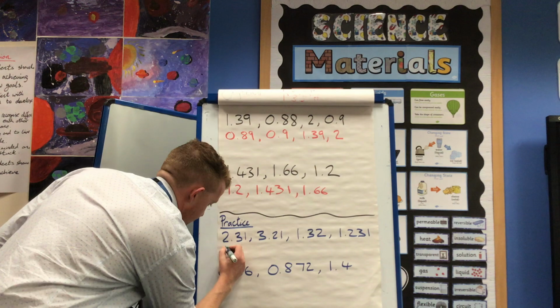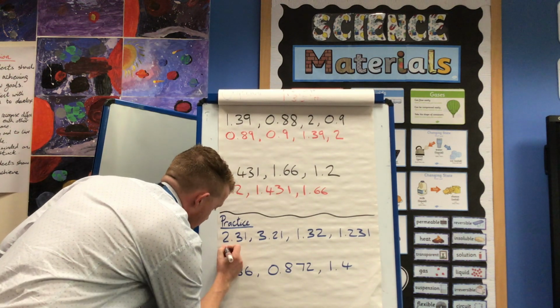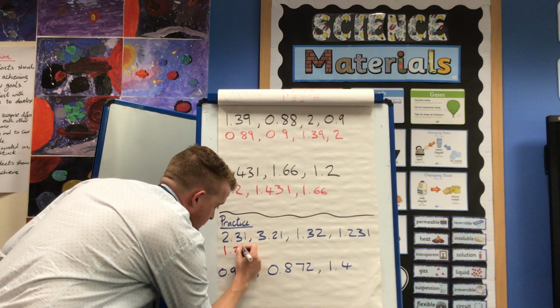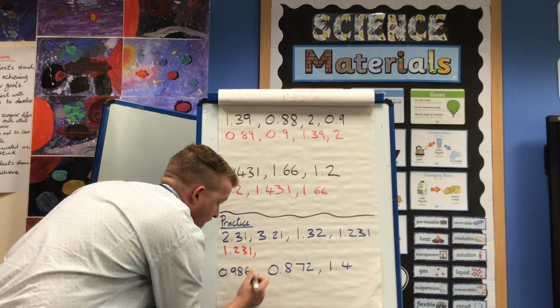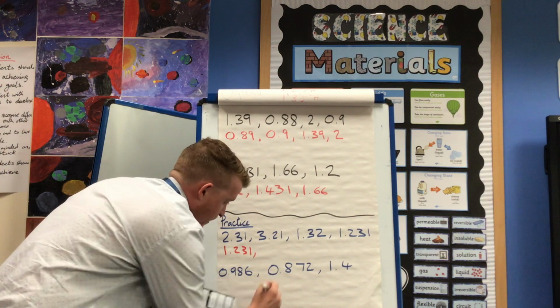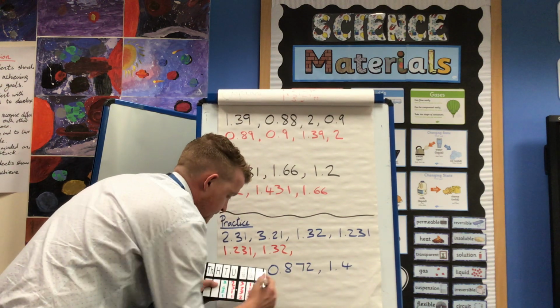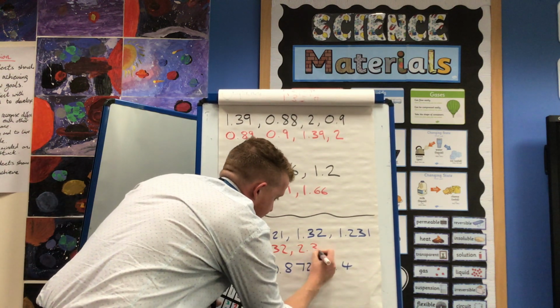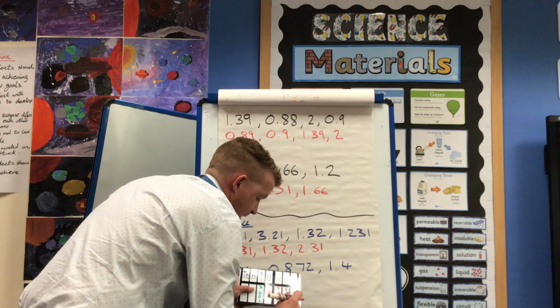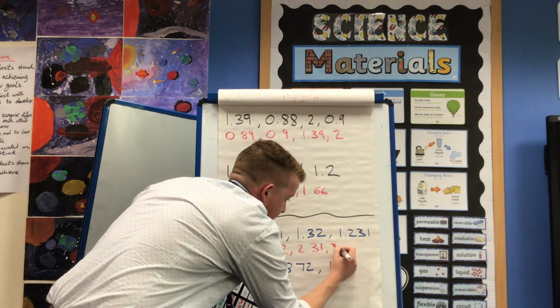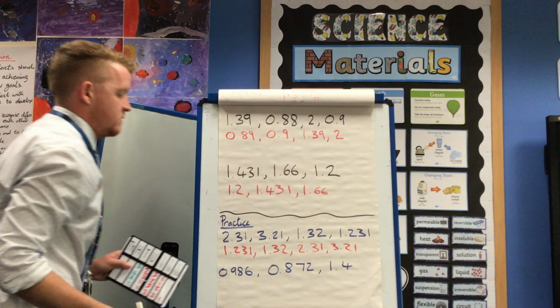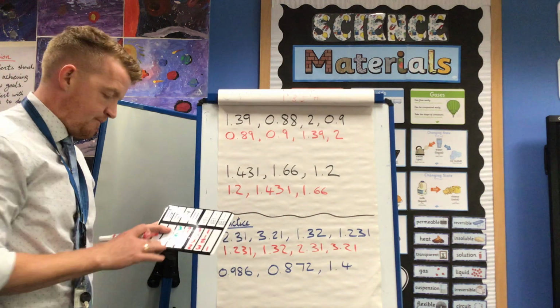So my smallest number is going to be 1.231, followed by 1.32. Then we have 2.31. And finally, we have 3.21. Hope that's clear for you.